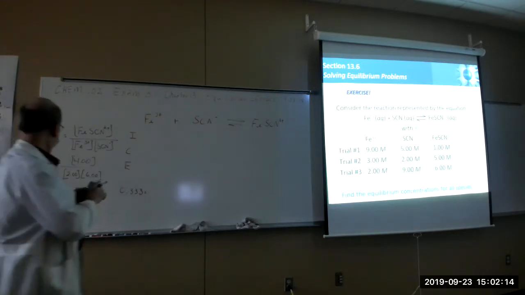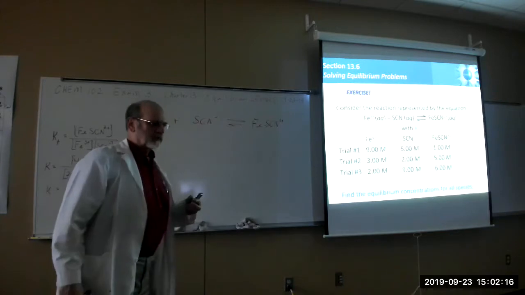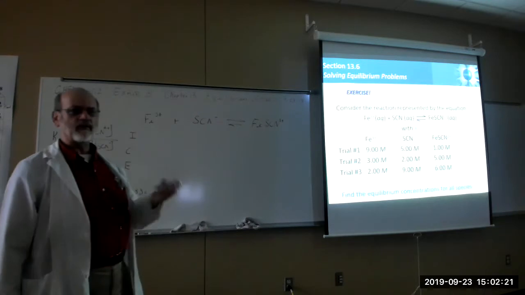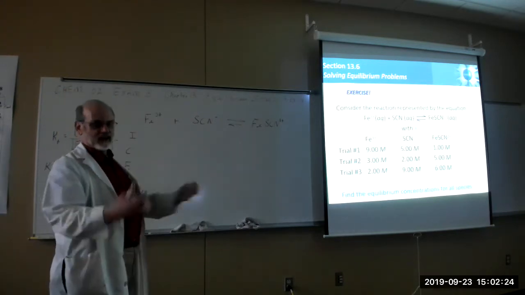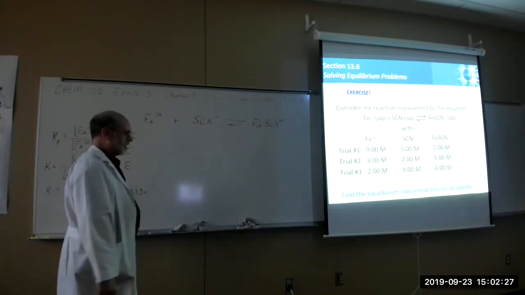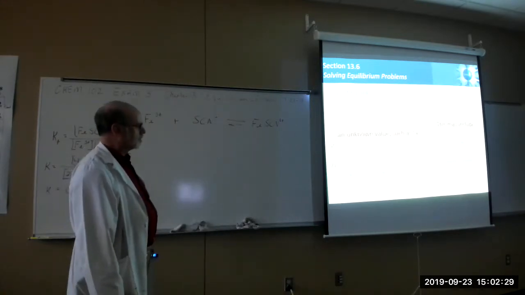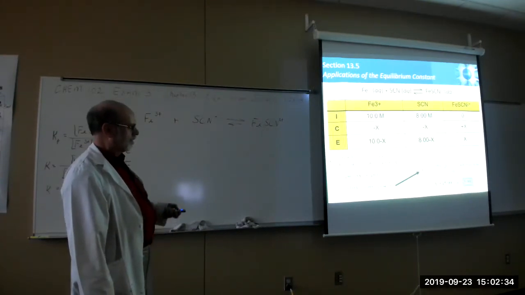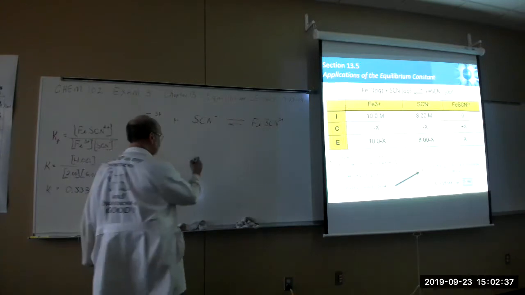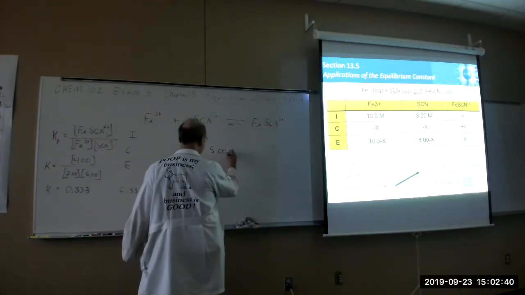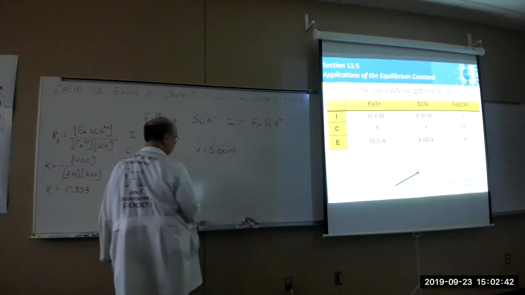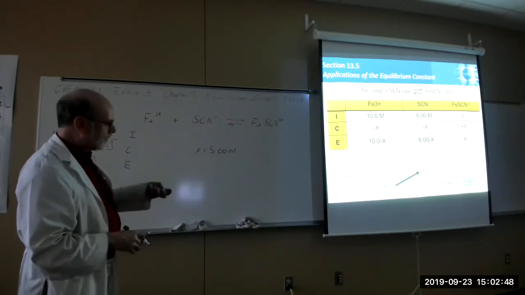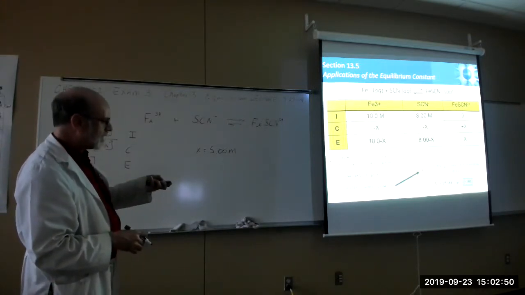If we were to do that shortcut and say X is going to be so small we can ignore it, and we come up with a value, say instead of 5.99, 5 is the value that we calculated the exact way. If we were to do it saying that X is too small, then we would say it was 10 times 8 is 80, times 0.333.